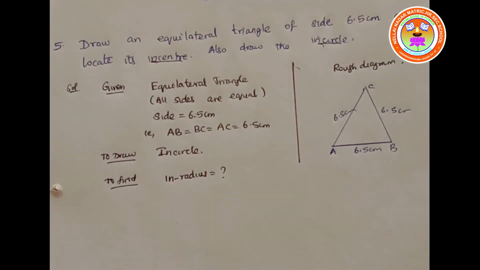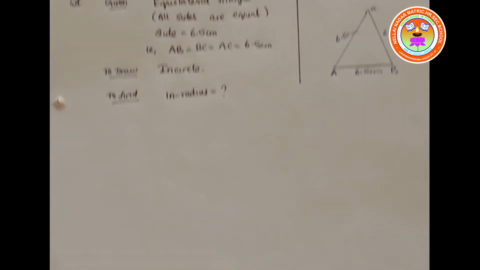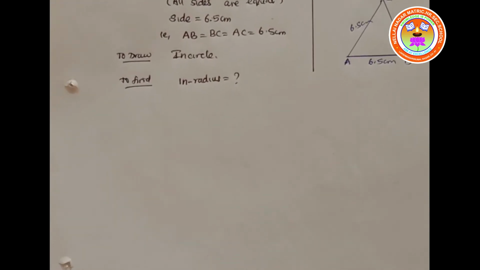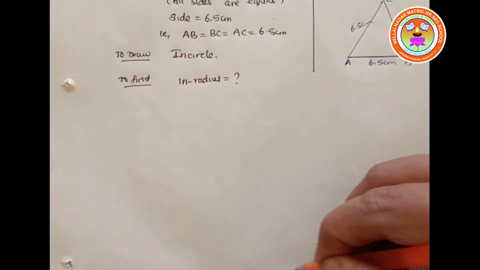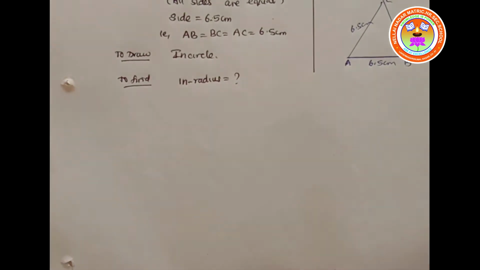And you are going to draw the incircle and find the inradius. First draw AB equal to 6.5 centimeter, children.